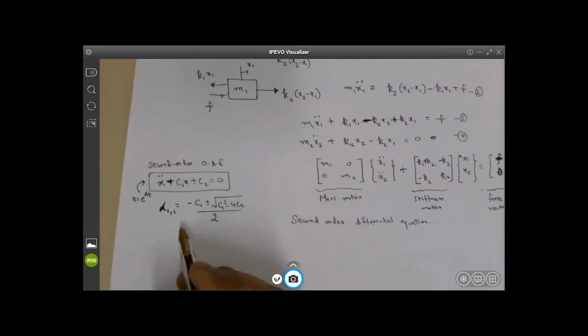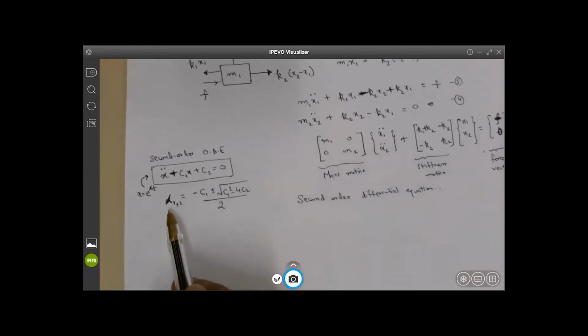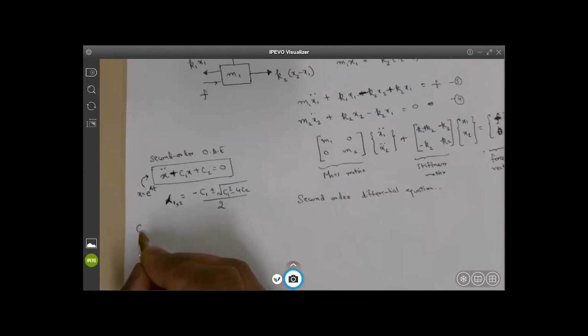And depending on the property of these values, you will get different solutions. Let me write that down.